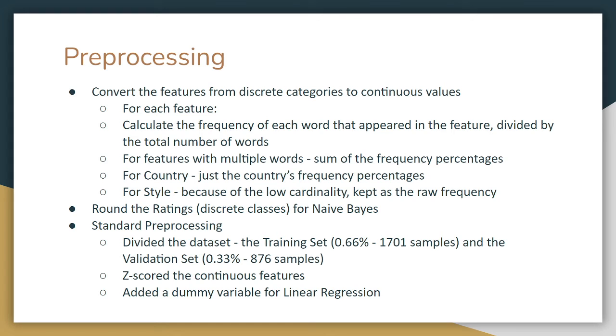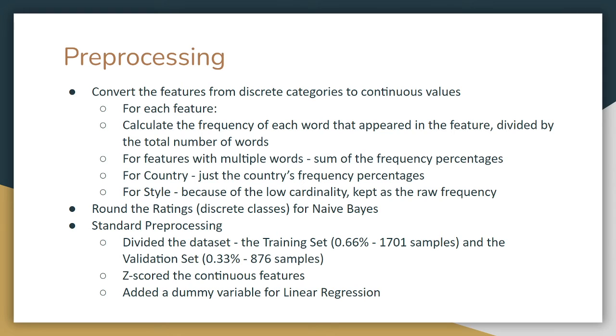And then for country, because it wouldn't make sense to split up country names, each country had its own frequency percentage, and that was just assigned. For style, because of the low cardinality, there are only three categories, we kept it as just a raw frequency.